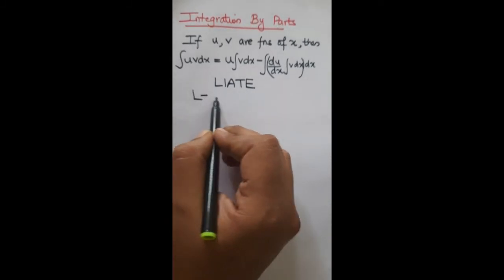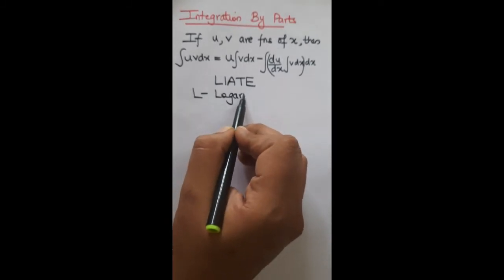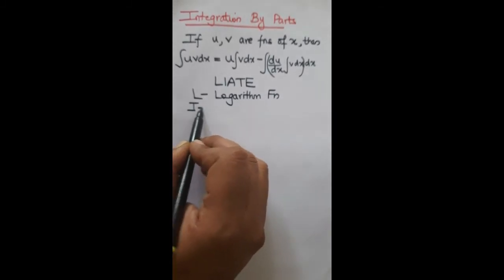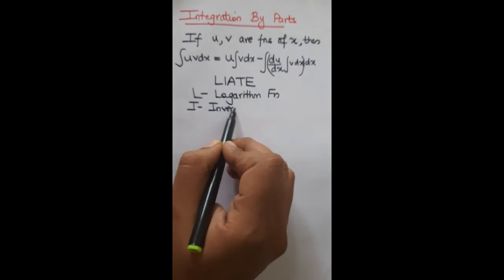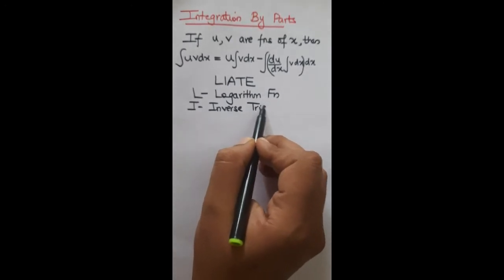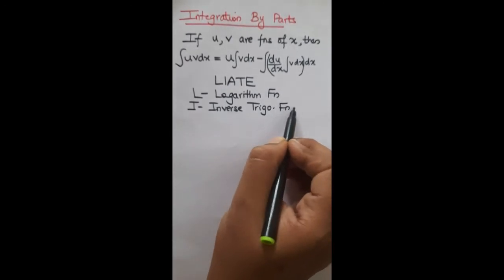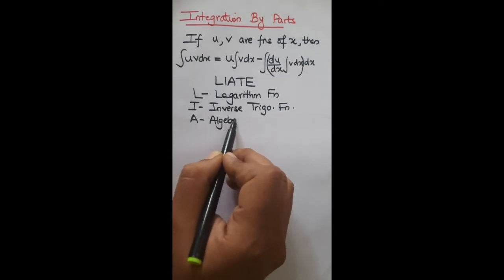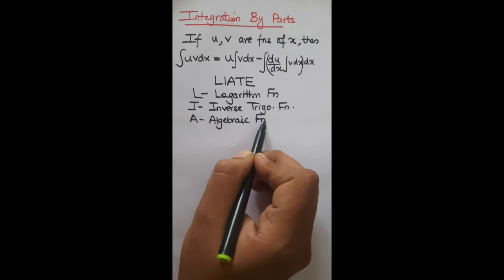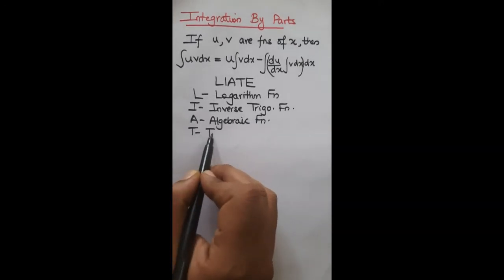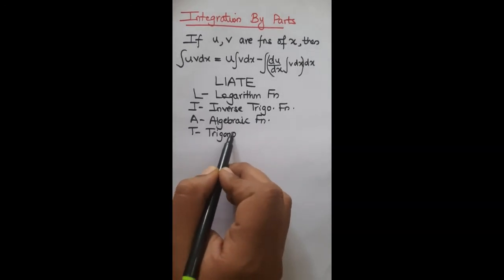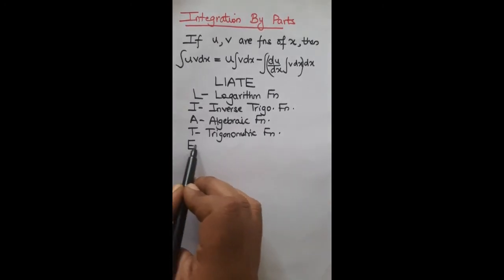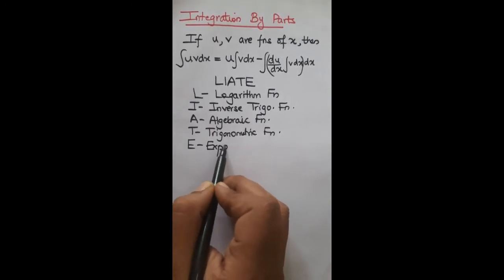Here L stands for logarithmic function, I stands for inverse trigonometric function, A stands for algebraic function, T stands for trigonometric function, and E stands for exponential function.